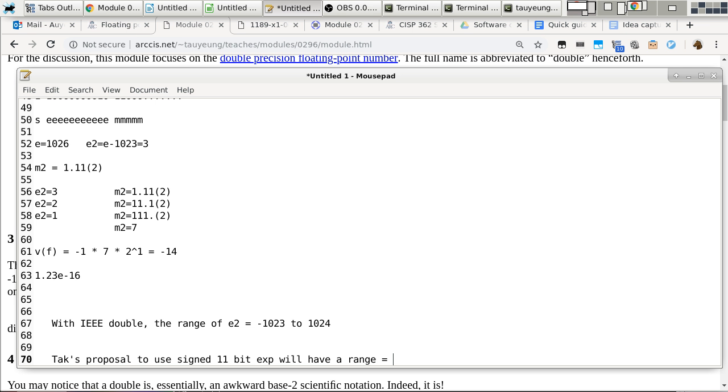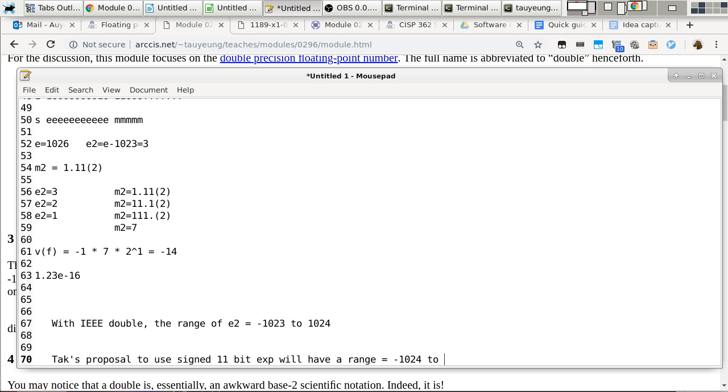Now, to work out this problem, all you have to do is to think about what is the most negative value when we only have 3 bits. When we only have 3 bits, the most negative value we can have is negative 4. Okay? And 4 turns out to be 2 to the power of 2, right? So with 11 bits, what do you think is going to be the most negative value we can represent? Negative 2 to the power of 10. It's only off by 1 in terms of the width of the whole thing. So it would be negative 1024.